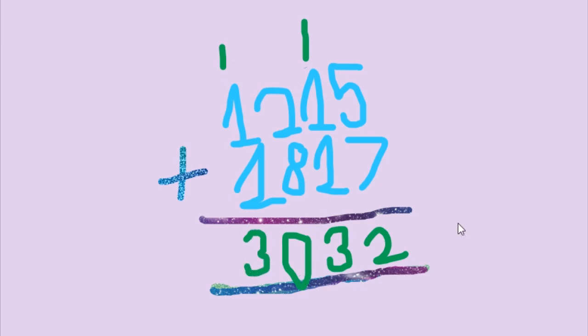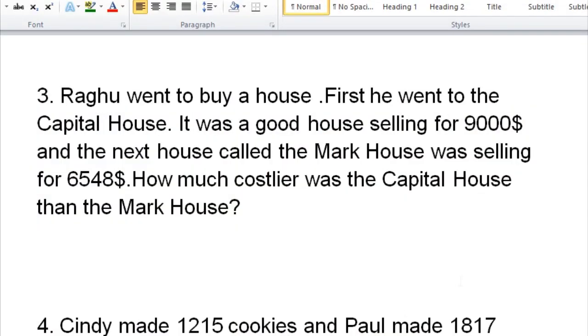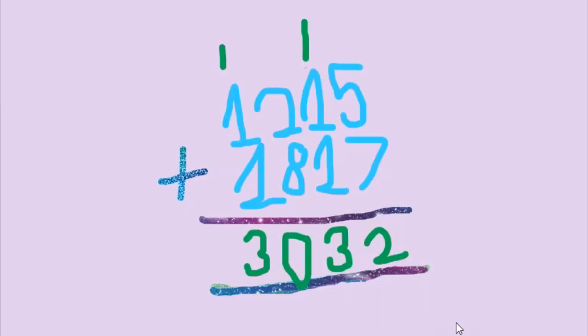So the answer is 3032. So the final answer as we write in a statement is: Cindy and Paul made totally 3032 cookies.